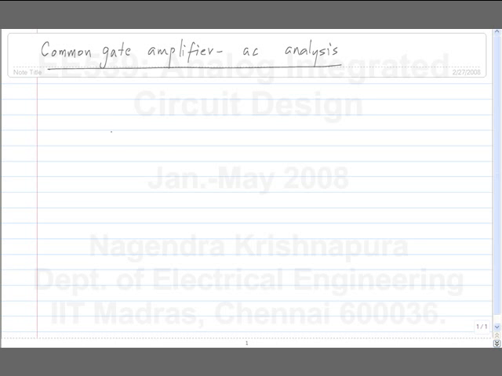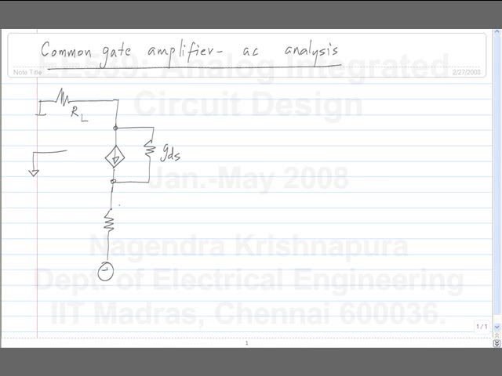The circuit that we analyzed so far was this. The gate is incrementally grounded, and we have a load, and the input is connected to a source resistance Rs.